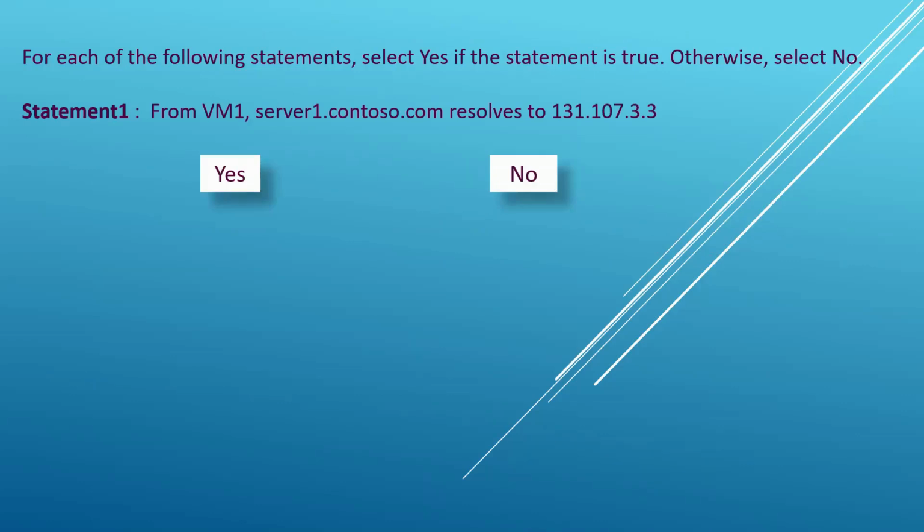Friends, VM1 is connected to VNet1, which has default Azure provided DNS server and is linked to Azure private DNS server contoso.com, which is 131.107.3.3 and 131.107.3.4 DNS servers. That means VM1 has 2 DNS servers for resolving.